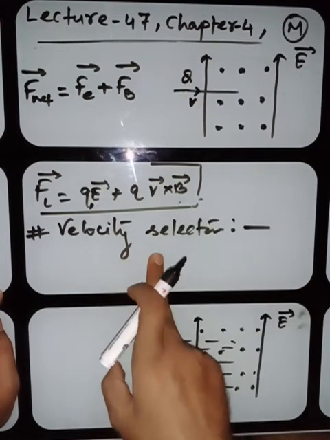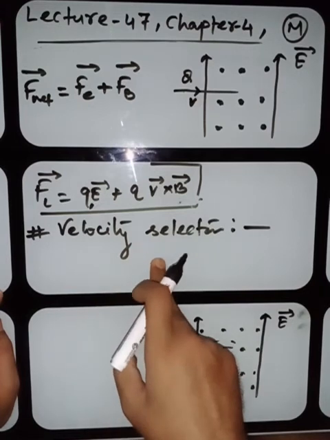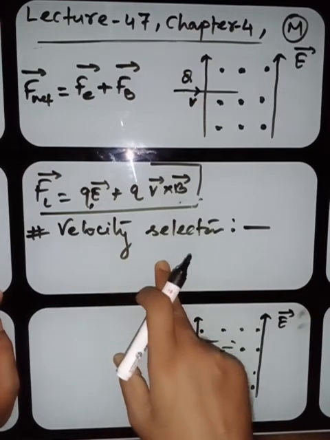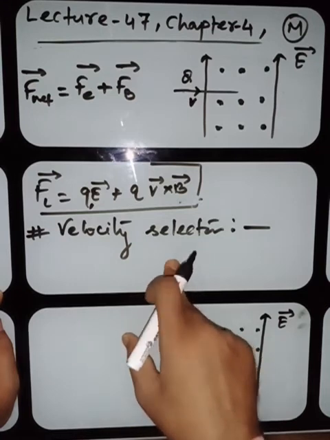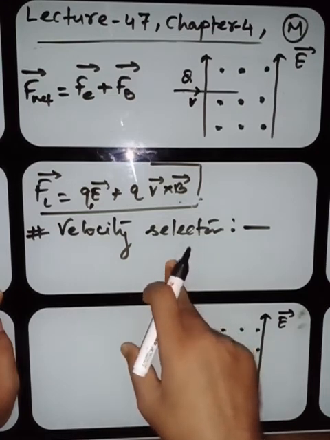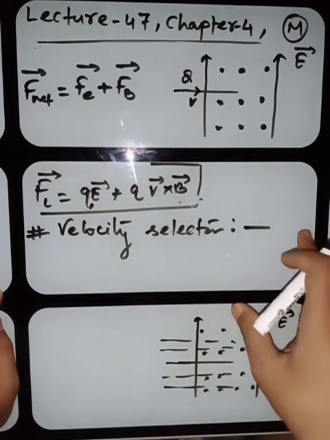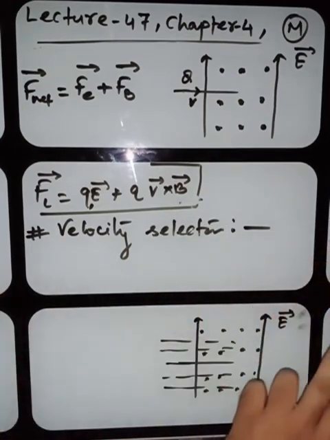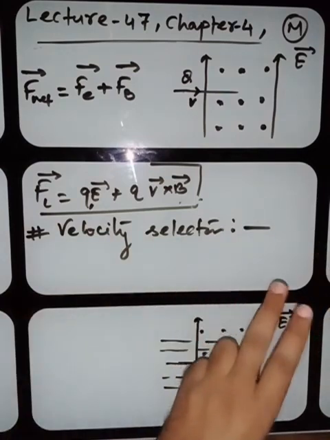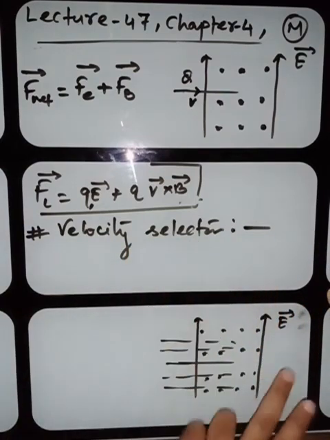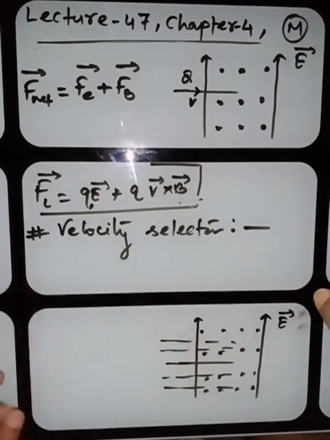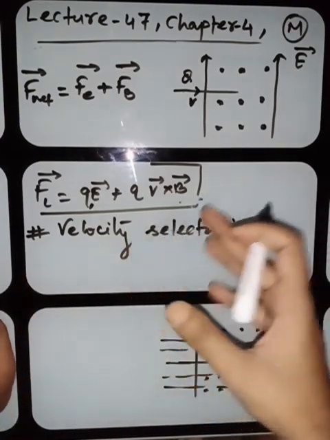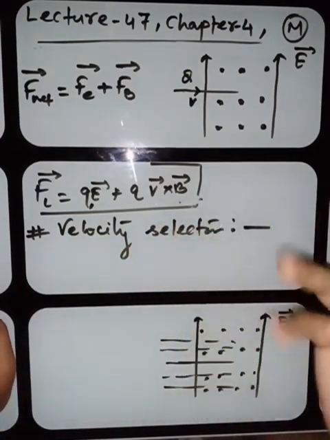It is used to separate charged particles moving with a particular speed out of a beam of charged particles. From the beam, there are a number of charged particles moving with different speeds. This velocity selector filters out charged particles that are moving with the same speed.